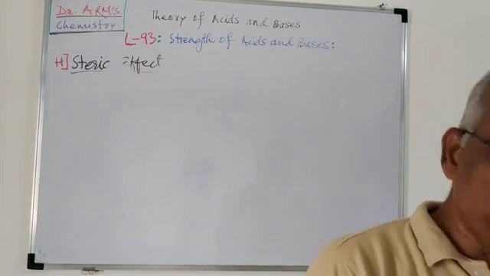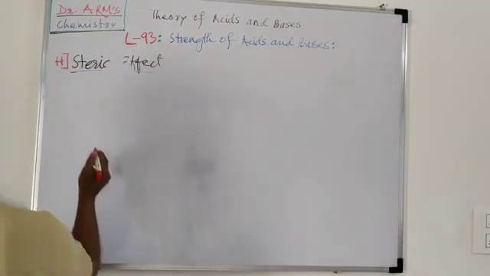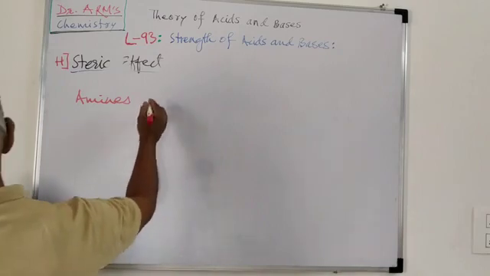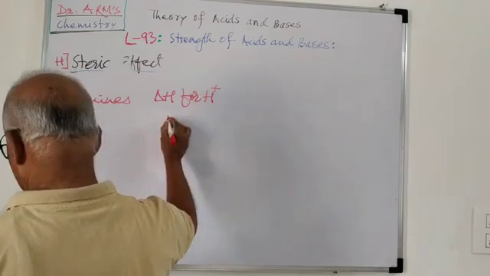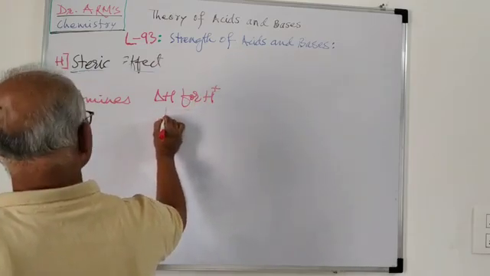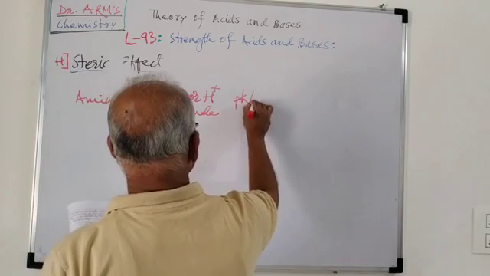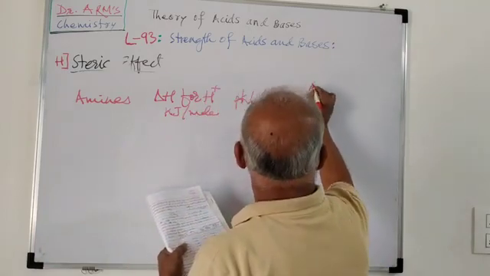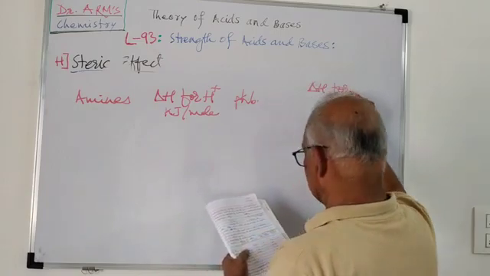For example, if we consider the various amines, that is bases, then we place here the values of delta H for H plus addition in kilojoules per mole, the pKb values, and also delta H for product formation.